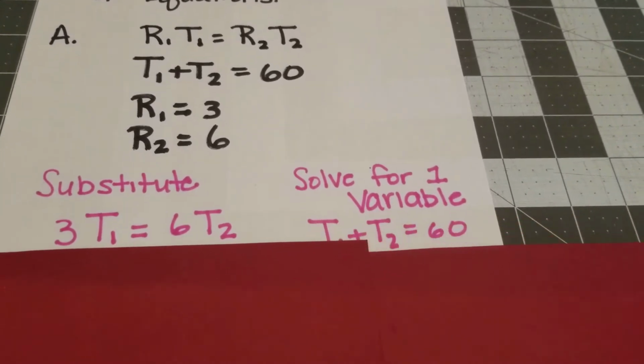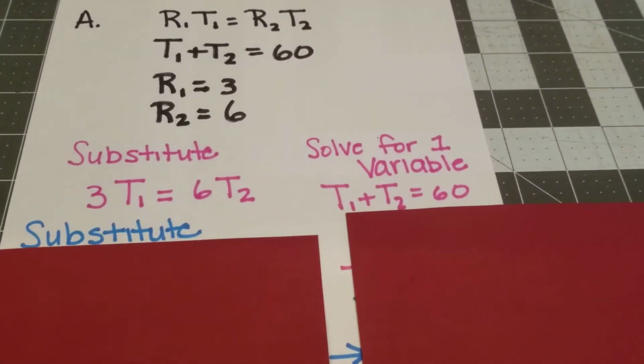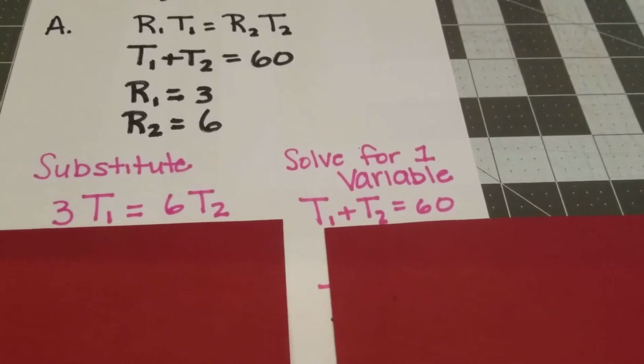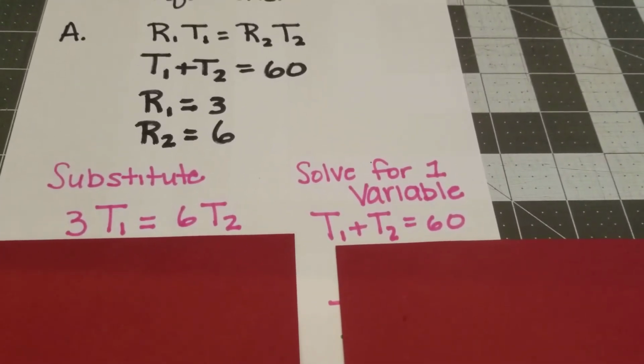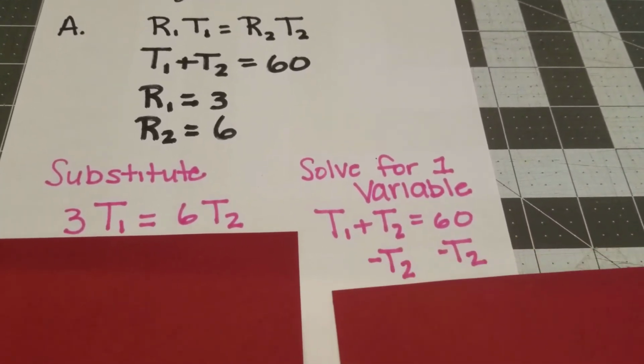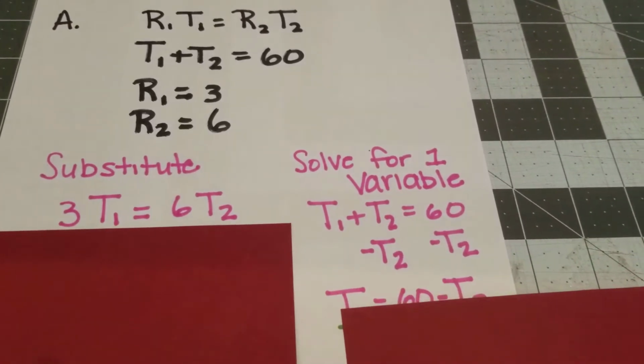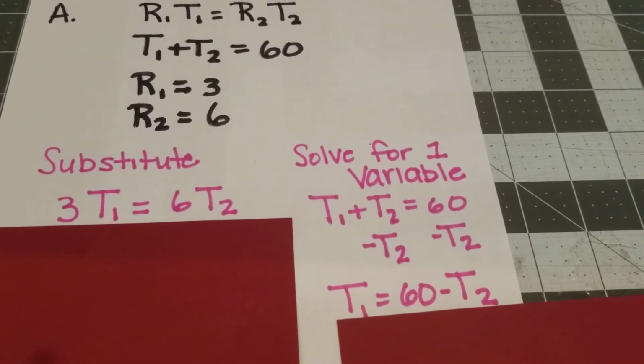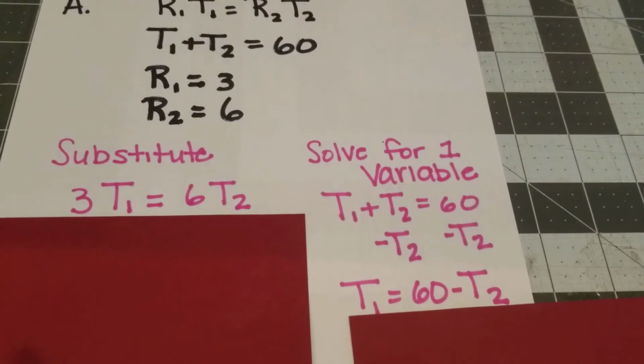We're going to take that second equation and solve for one variable. I just chose to solve for T1 because it was first. So I subtracted T2 from both sides and I ended up with T1 is equal to 60 minus T2.